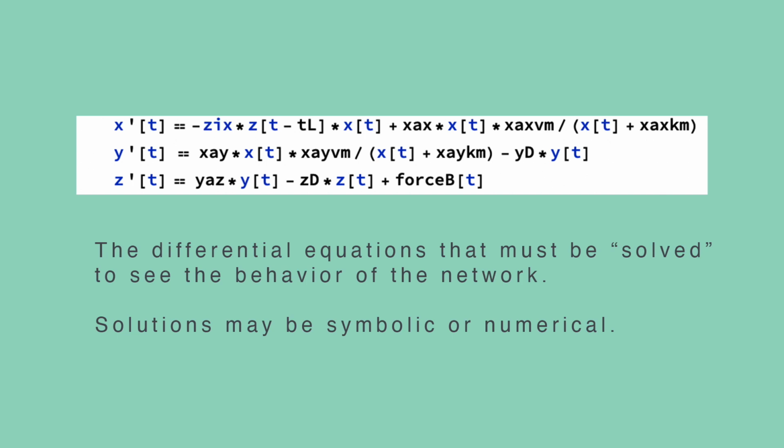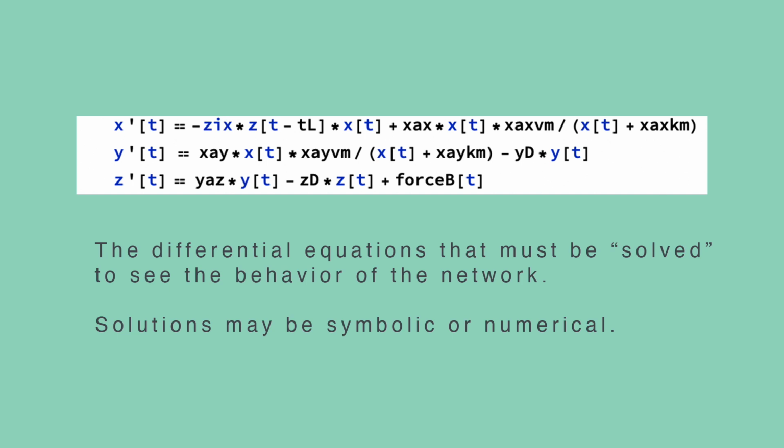To this term is added x times the parameters xax and xaxvm, then dividing by x plus the parameter xaxkm. The other two equations are read in similar ways.